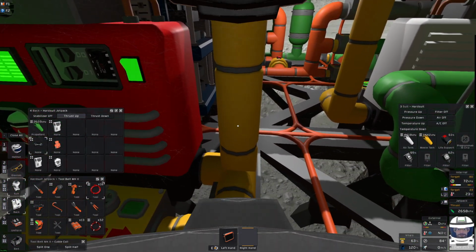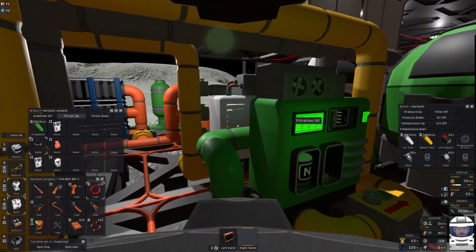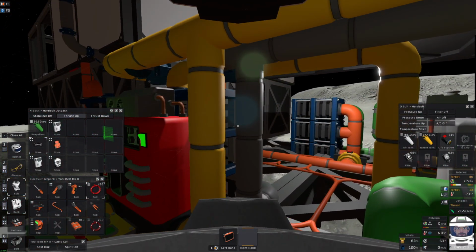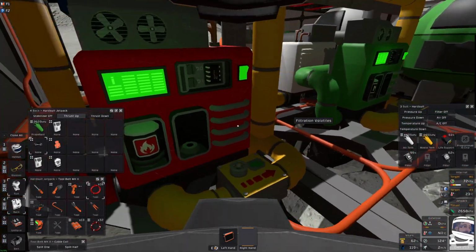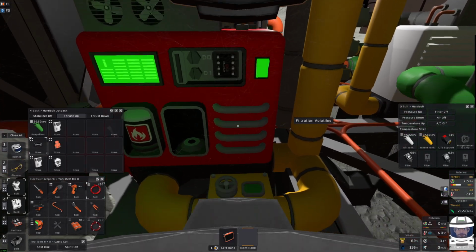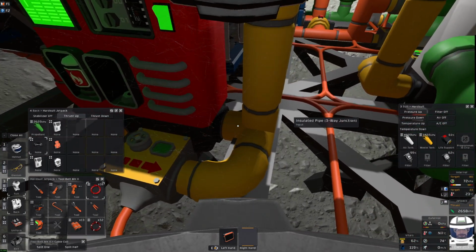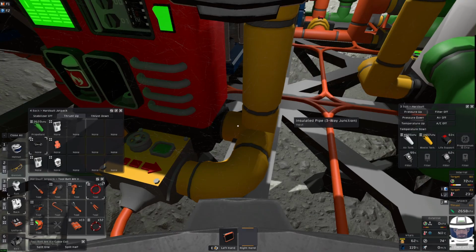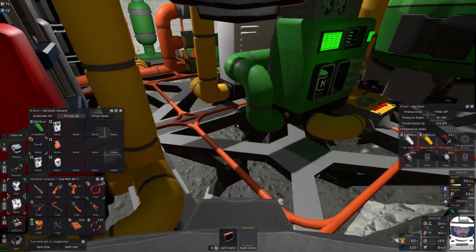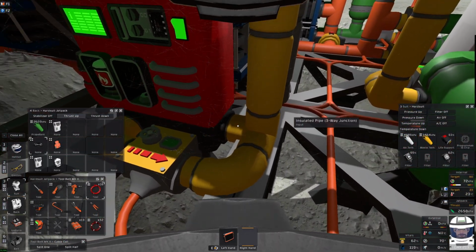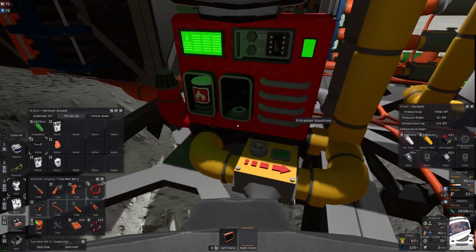So then we're left with nitrogen, oxygen, CO2, and volatiles. These also are IC10 controlled, and so they'll turn off if the output has too high pressure, or if there's no inputs, to save energy.